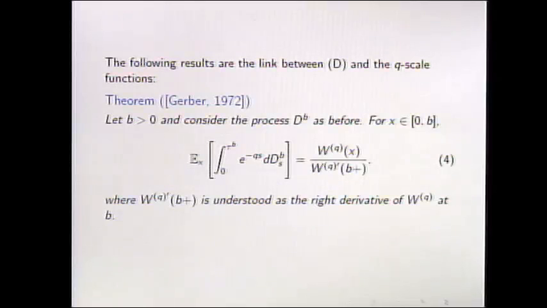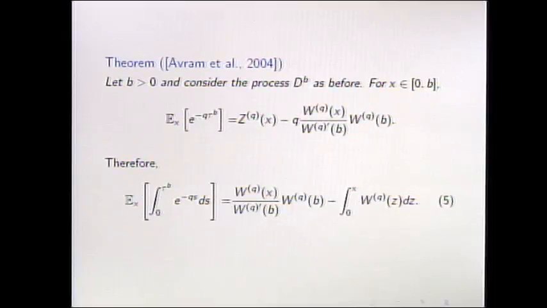And so, for example, we can write the objective function in terms of the q-scale function. That's one thing. The other thing is that we have this identity from Avram and co-authors that we can use to write the left-hand side of our constraint also in terms of q-scale functions.